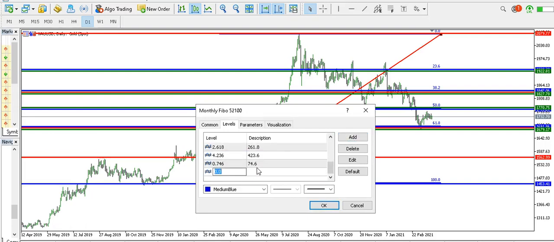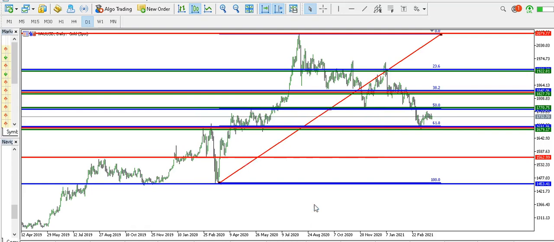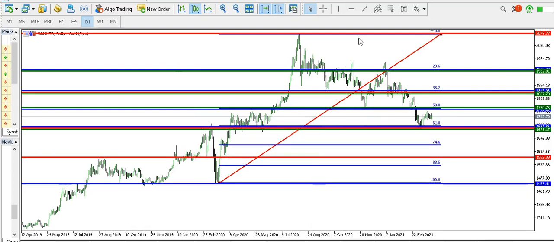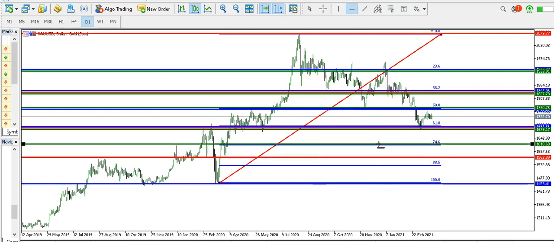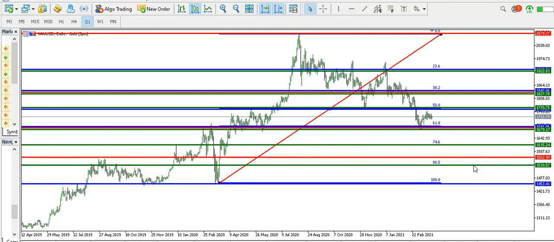Then we also have the 88.5% Fibonacci level. So we have another level here on the daily time frame, which is here.